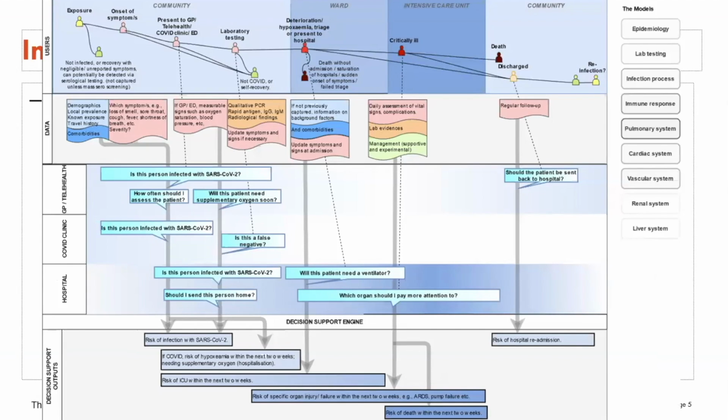So we've been working on a project trying to identify the key areas of uncertainty, specifically with regards to management decisions for individual patients infected with COVID-19. Obviously, there's a whole lot of uncertainty and questions around management of the COVID-19 pandemic from a whole of population level, but our focus has predominantly been looking at questions regarding the optimal management of individual patients.